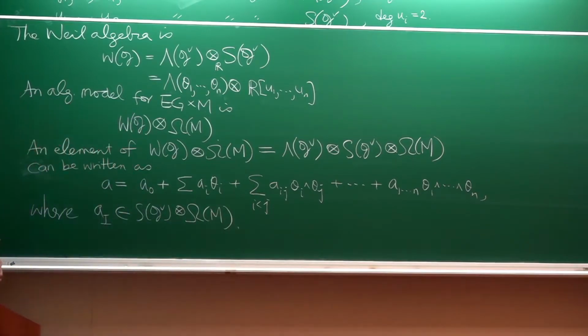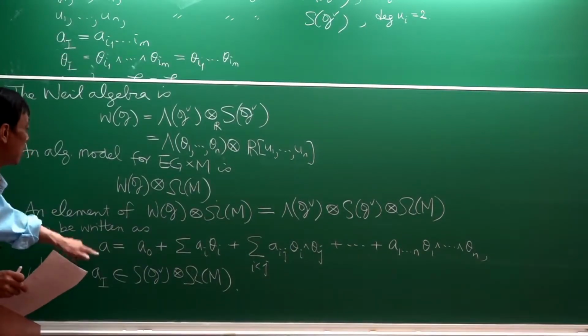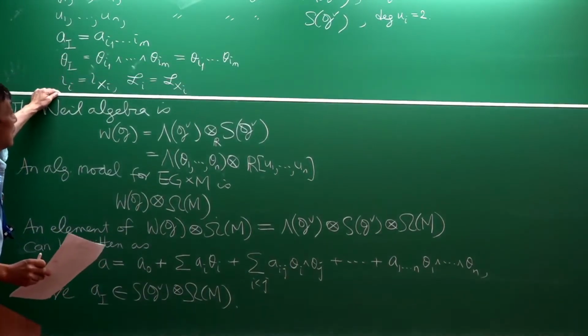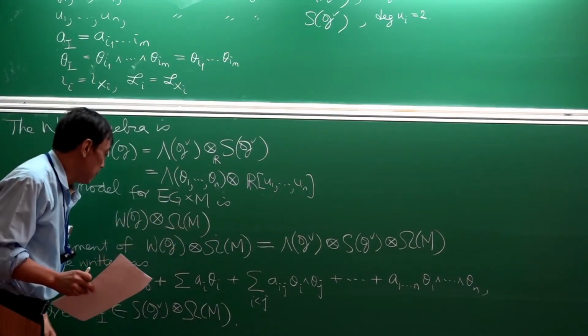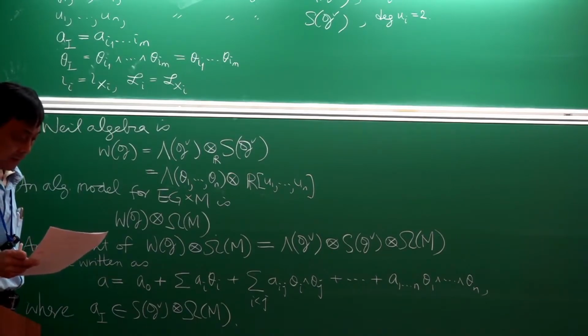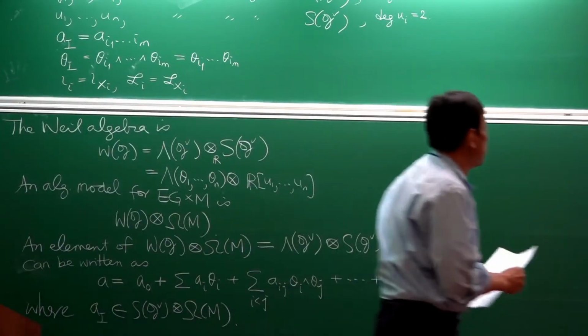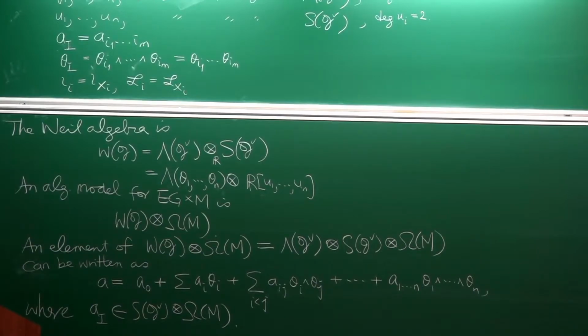Okay. All right. So you can write an arbitrary element of the Weil algebra tensor with the de Rham complex like this. And then such an element is basic if it's horizontal and invariant.